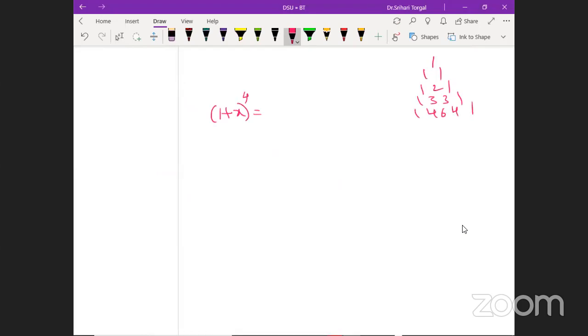That is Pascal triangle coefficients. Because the power is 4, you have to follow this row, that is 1 4 6 4 1. Then you need to raise the power x^0, x^1, x^2, x^3, x^4. If you have positive sign in between, you need to write plus everywhere.